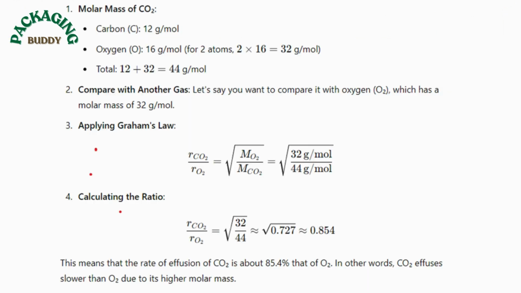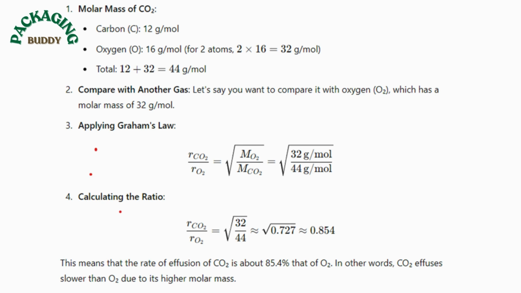Example calculation: carbon dioxide, CO2. Carbon, 12 grams per mole, oxygen, 16 grams per mole. Molar mass of CO2 is equal to 12 plus 32, which is equal to 44 grams per mole.